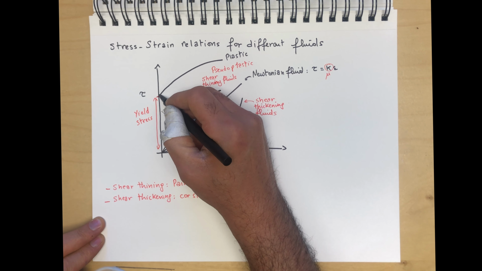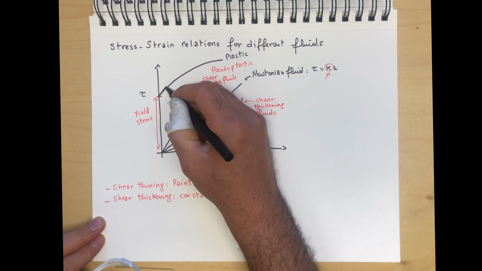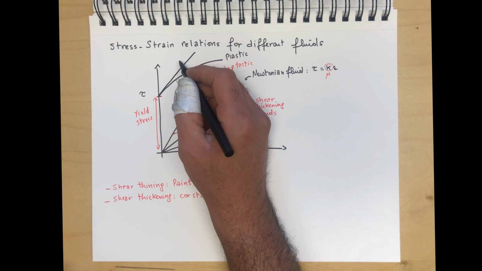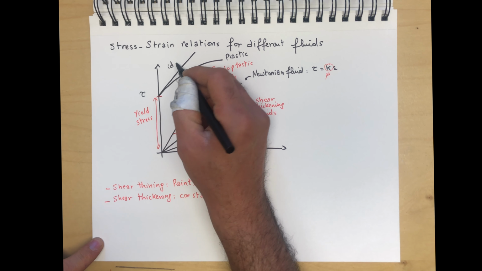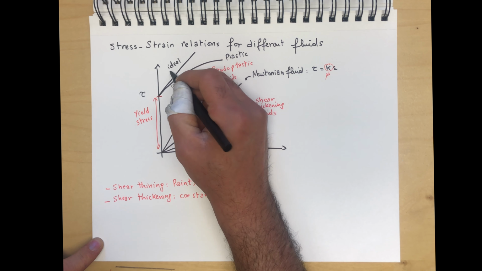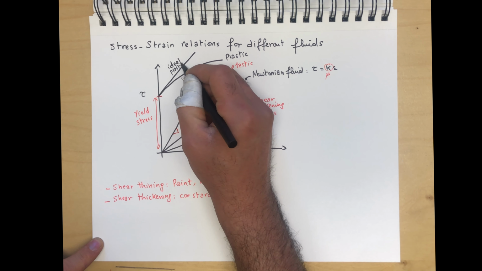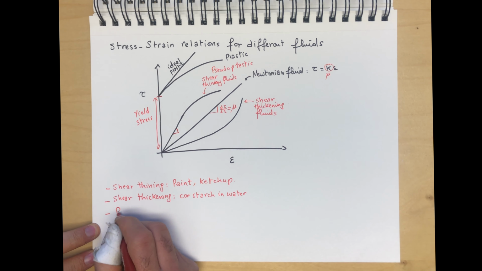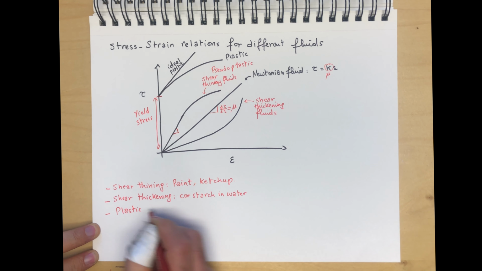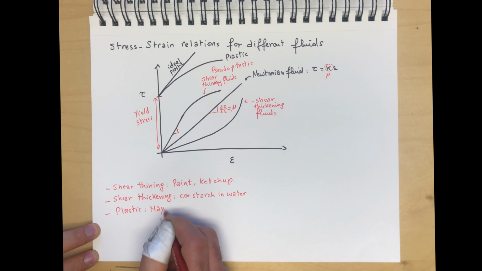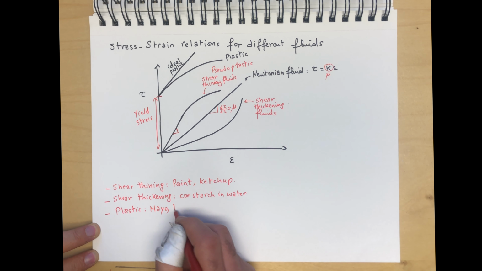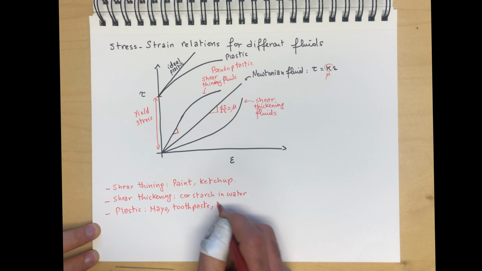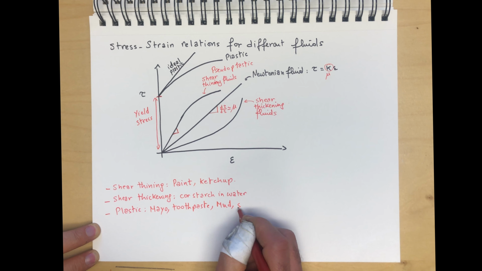An idealization of the plastic fluid is to take this just as a linear relation, and this is called an ideal Bingham fluid, ideal plastic. You have mayo, toothpaste, mud flows, slurries, etc.